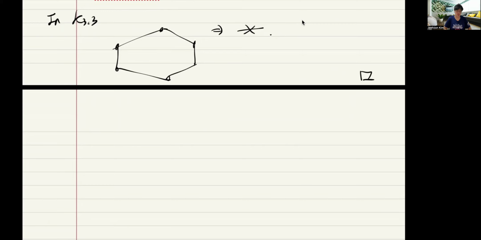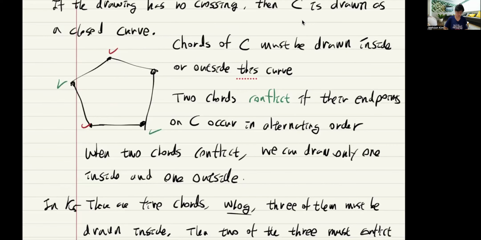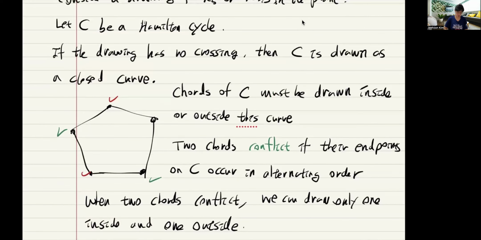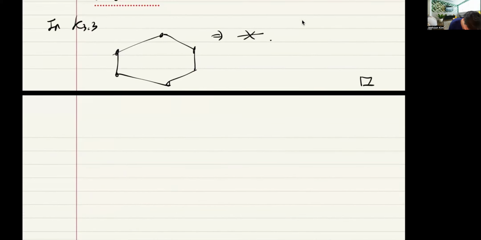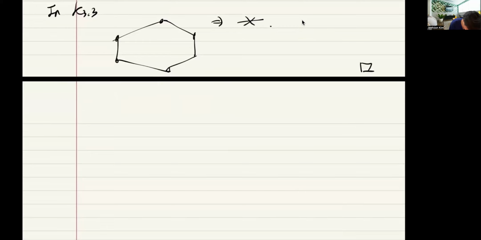However, if you actually think about this proof again, it's not really mathematically rigorous. Once we draw this, we said inside and outside, but what actually is inside and outside?